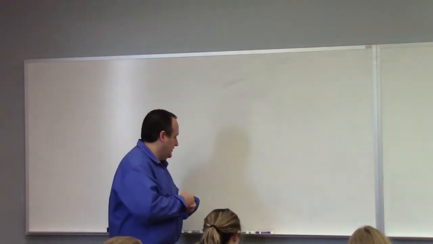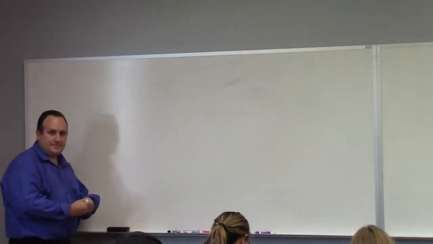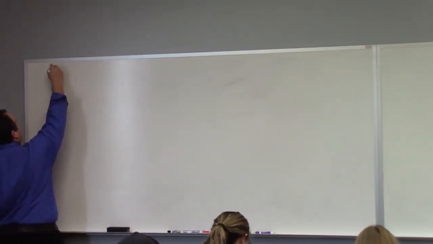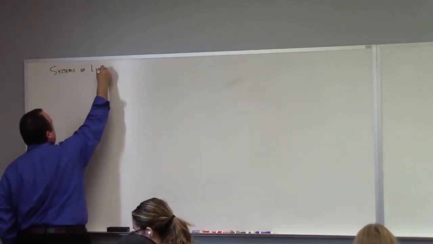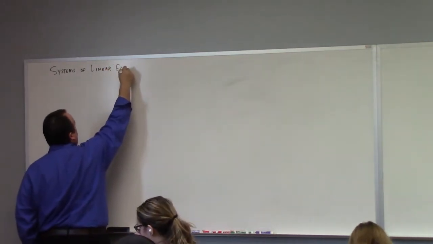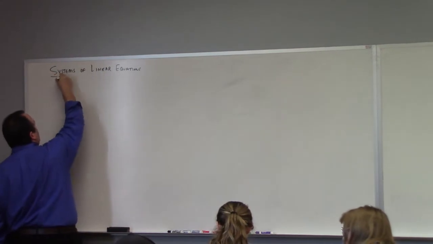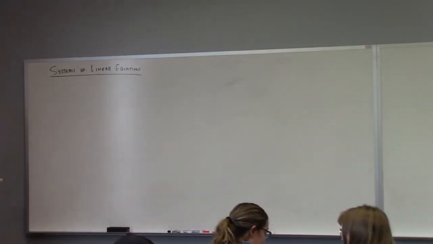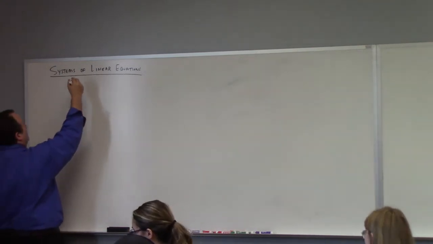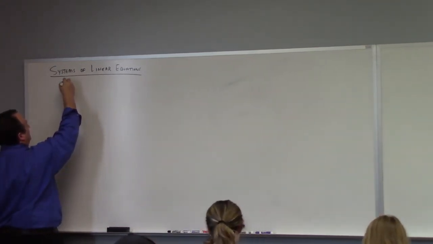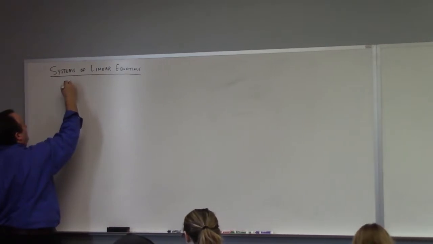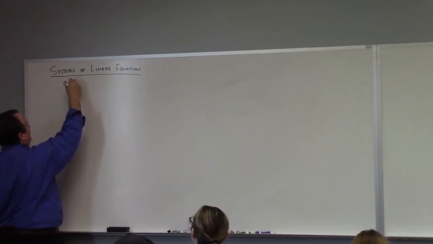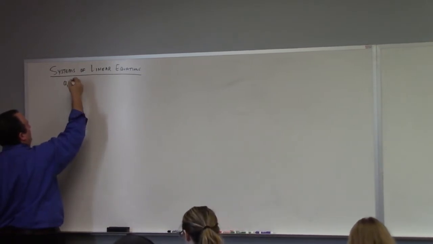Amen. Okay, so we're solving systems of equations, yeah? So let's talk about systems of linear equations. Let me just say, more generically speaking, you could have something like, well, let me write it out in general.